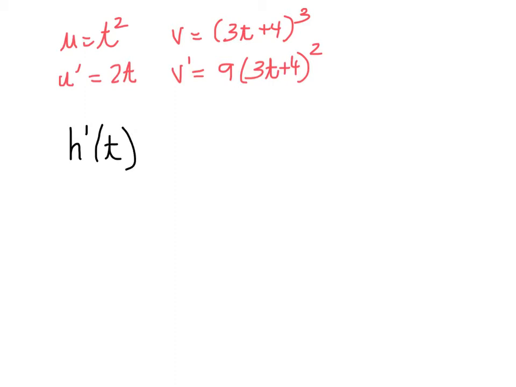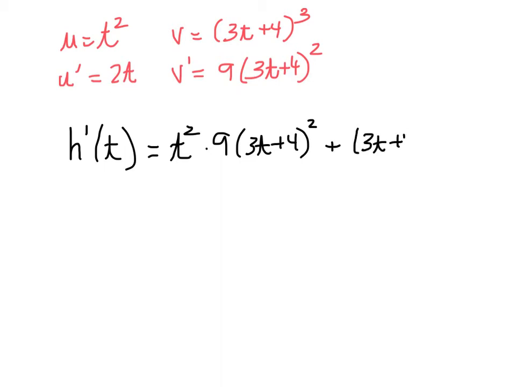And the way we write this out is like our product rule. We write down u, which is t squared, times v prime, which is 9 times 3t plus 4 squared, plus v, which is 3t plus 4 cubed, times u prime, which is 2t.